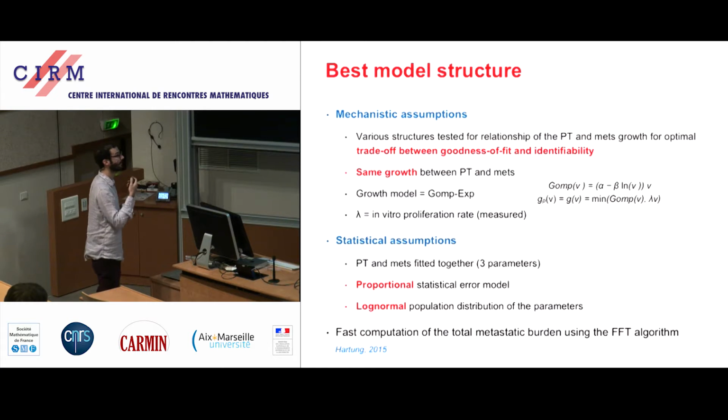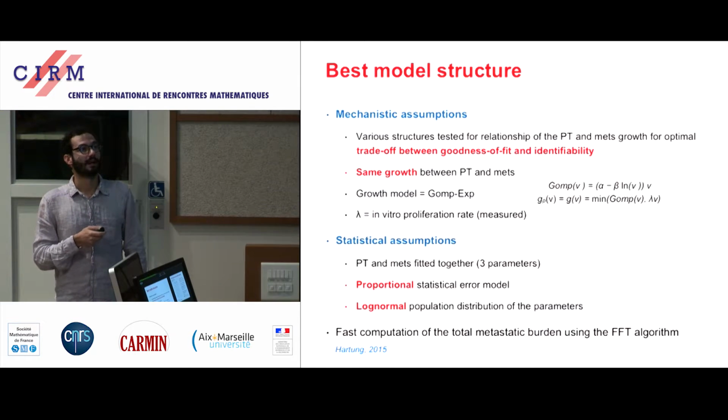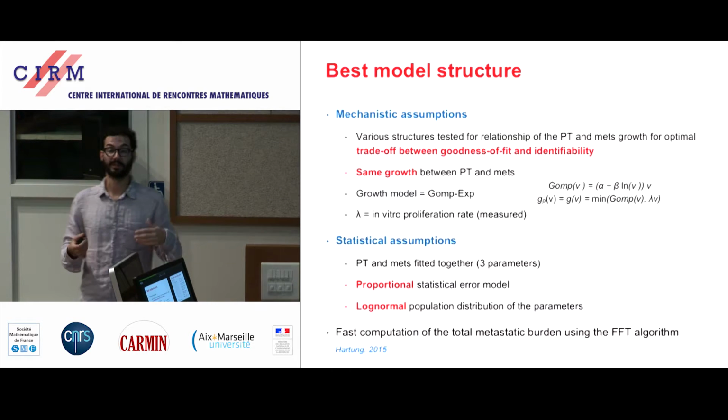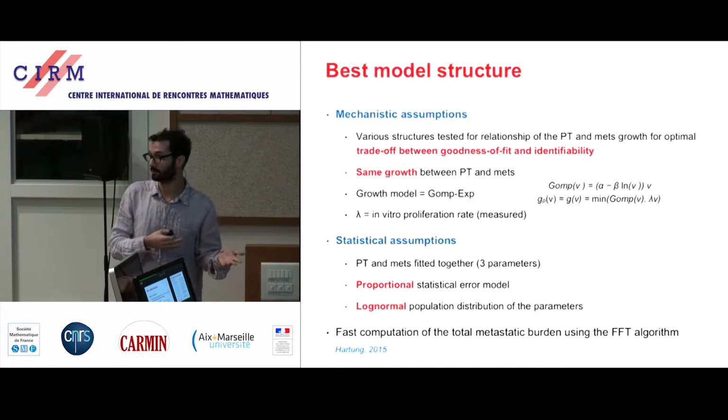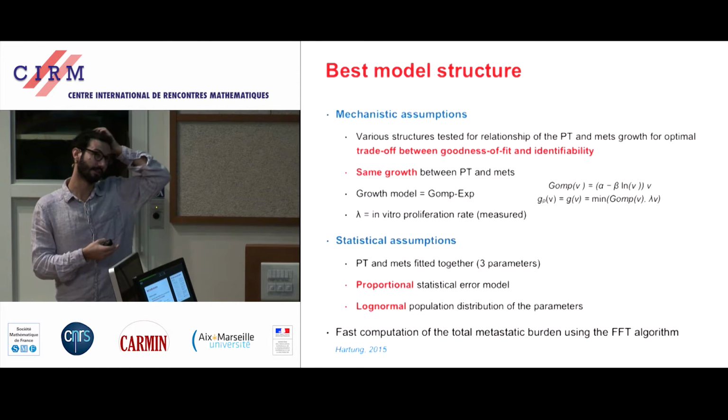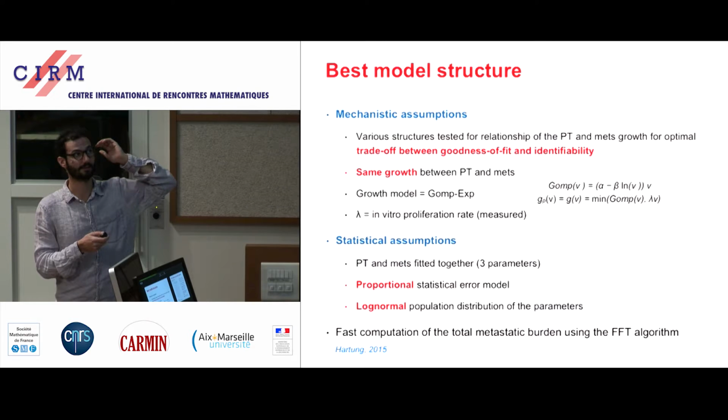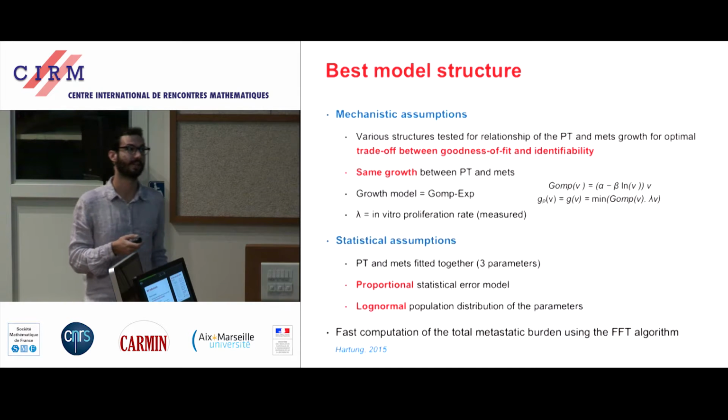And what I got from this analysis was that a model with the same growth law for the primary tumor and the metastasis, the growth model was the Gompertz. You already heard about it yesterday with Niklas. And the lambda here is the in vitro proliferation rate that can be experimentally measured. So John measured this in his lab, and then we could plug this in. It's not a parameter that has to be estimated from the data.